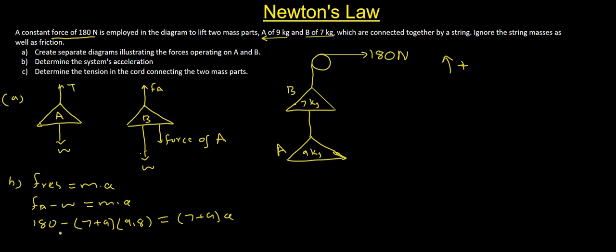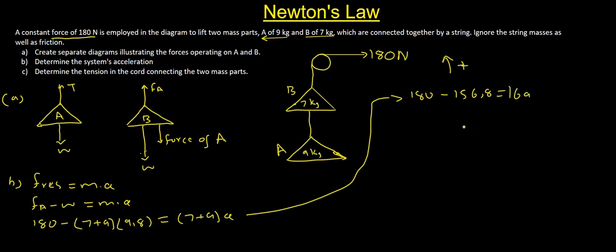So when we punch on our calculator, 180 minus (7 plus 9) multiplied by 9,8, we are going to get 180 minus 156,8 will be equal to 9 plus 7 is 16 acceleration. So 180 minus 156,8, we got 23,2 will be equal to 16.